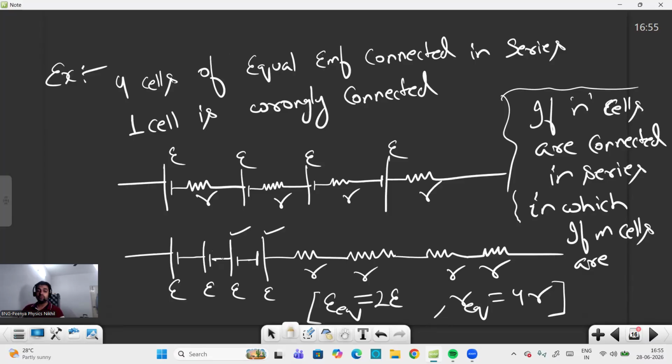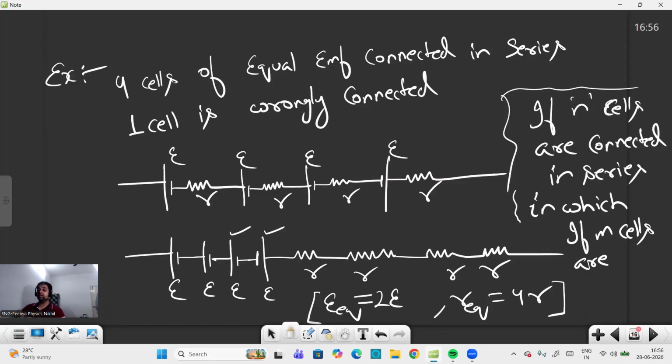Here it was 4 cells, but we are writing 2E. One wrongly connected cell will reduce another one also. If m are wrongly connected, it will reduce the effect of another m. That means m plus m, total it will reduce 2m.